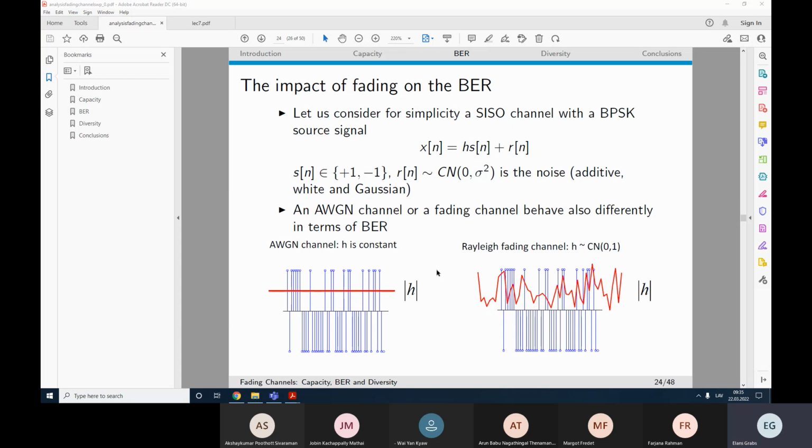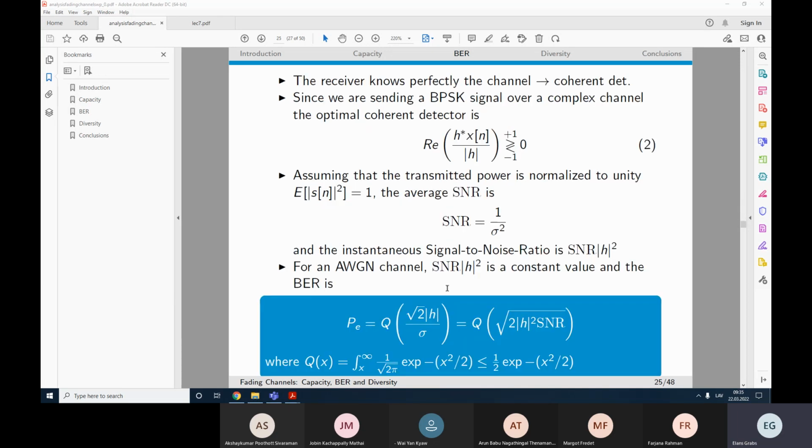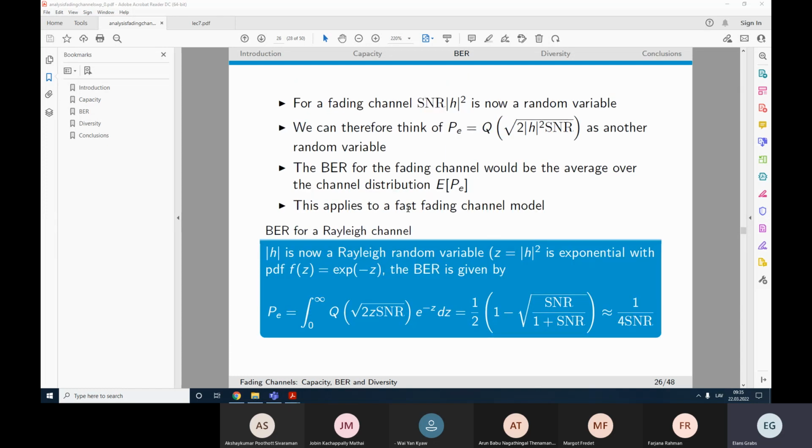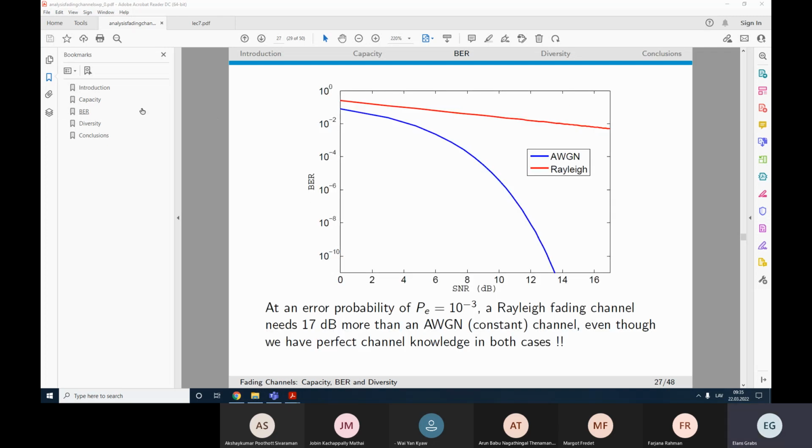Next time we are going to have a practical exercise to simulate such Rayleigh channels, and we can evaluate the error probability using these formulas. We will see that the error probability is much, much higher.